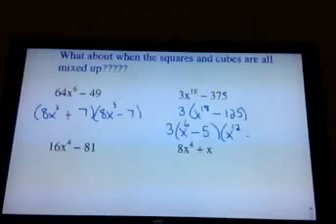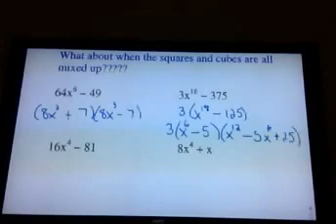Change the sign. Multiply them together. X to the 6th times 5 is 5x to the 6th. And then square the last. 5 times 5 is 25. Always positive. And then you're done. You can't ever factor the cubes again unless you have a special case, which we're not going to worry about.